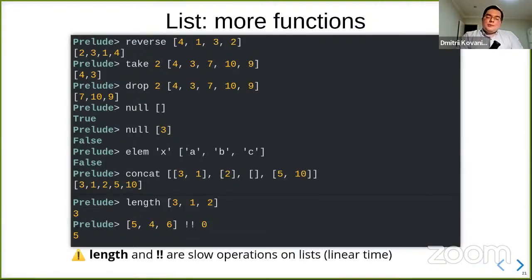These 2 functions, again, are not recommended to use because they're very slow. Length doesn't return the length immediately. It actually needs to walk through the list to calculate the length every time. So that's why length is slow. And the same is true for the double exclamation operator.